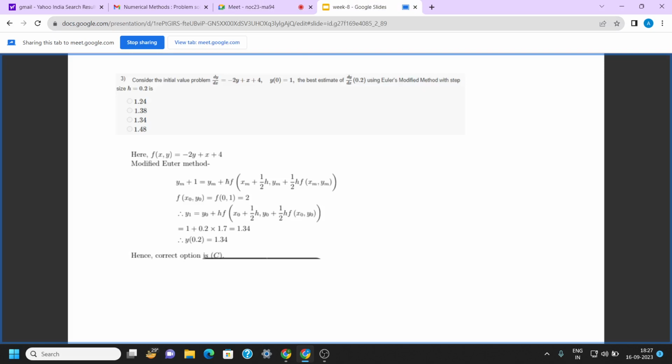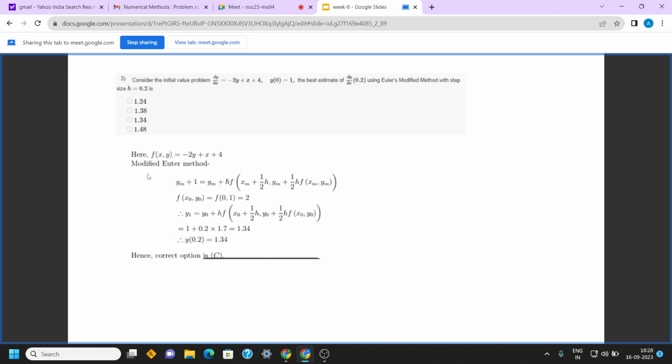The correct option will be C. So here f of x, y is minus 2y plus x plus 4. Okay, this term.